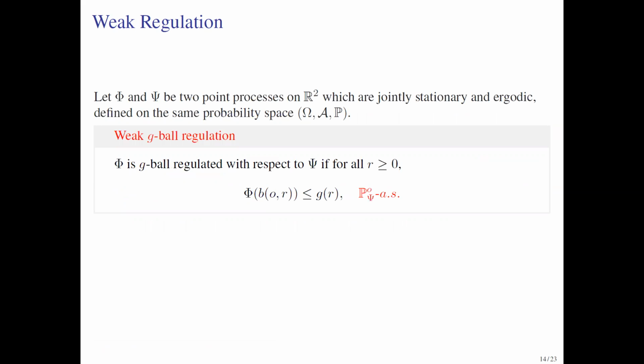So let phi and psi be two stationary point processes. They're jointly stationary and ergodic. I say that phi is G-ball regulated with respect to psi if for all radius R, when I observe the number of points within radius R, the number of points is upper bounded by this G function. And now we're really looking at a point that belongs to the observer point process psi.